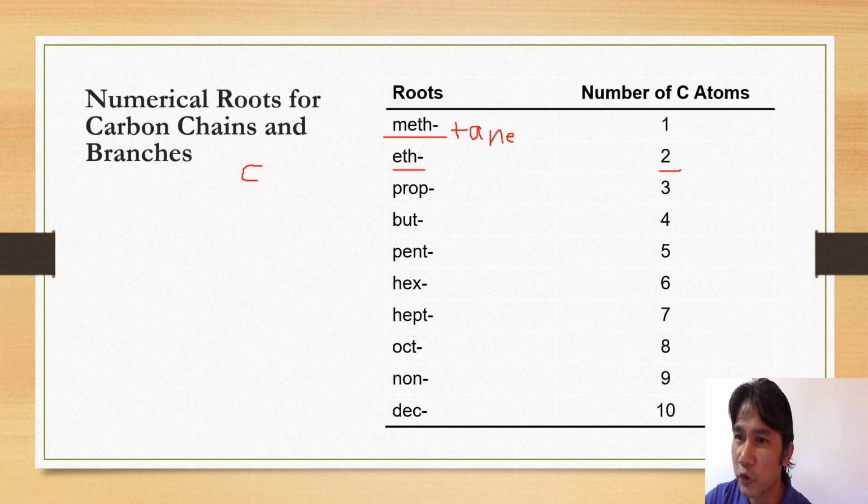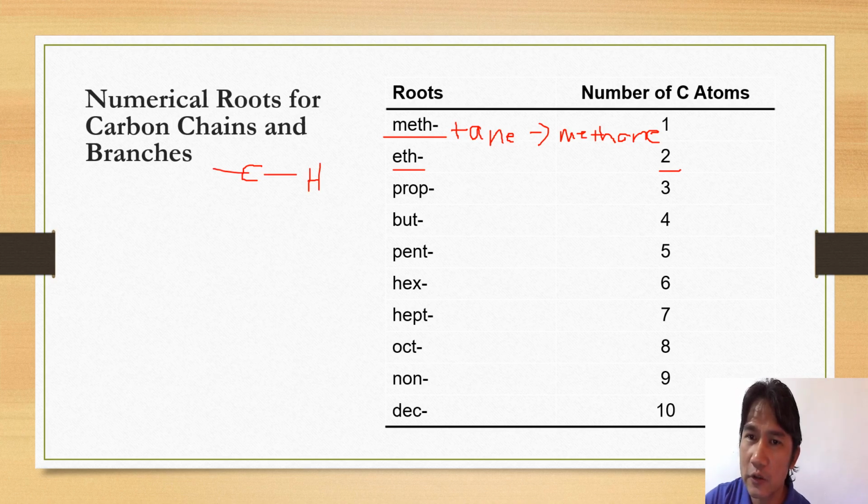So if there's only one carbon, the name becomes methane. Remember that carbon must have 4 bonds, so let's put here 4 bonds for methane. This is the expanded molecular structure.